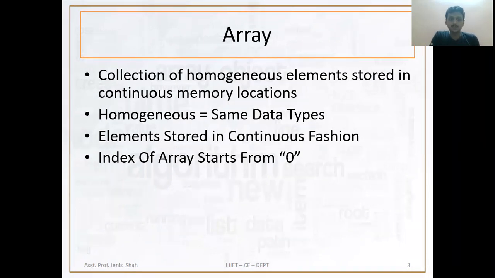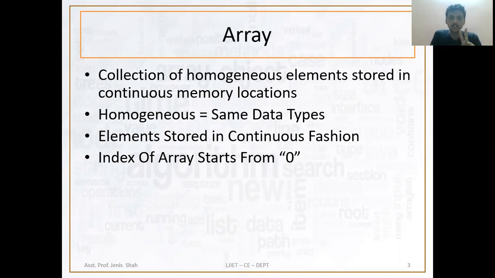Now, here elements stored in a continuous fashion, that means 10, 20, 30, 40, 50 in a memory in a continuous fashion. If the address of the first element is 1000, the next can be 1002, 1004, 1006, only if the array is integer, because integer stores 2 bytes in the memory.